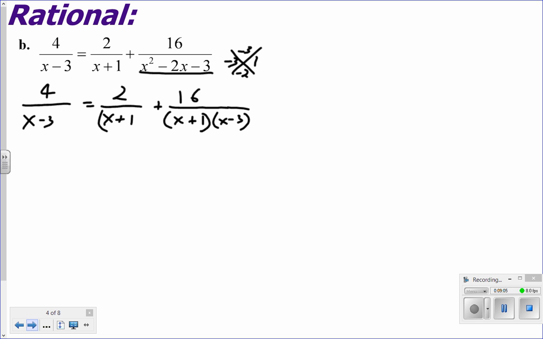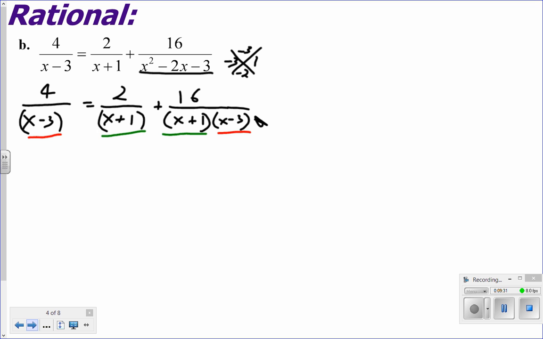All right, so I should notice that I have some things that are similar. Here, x minus 3, there, x minus 3, here, x plus 1, here x plus 1. So in order to get a common denominator, I want things to match this one over here, because I don't need to add anything to that.